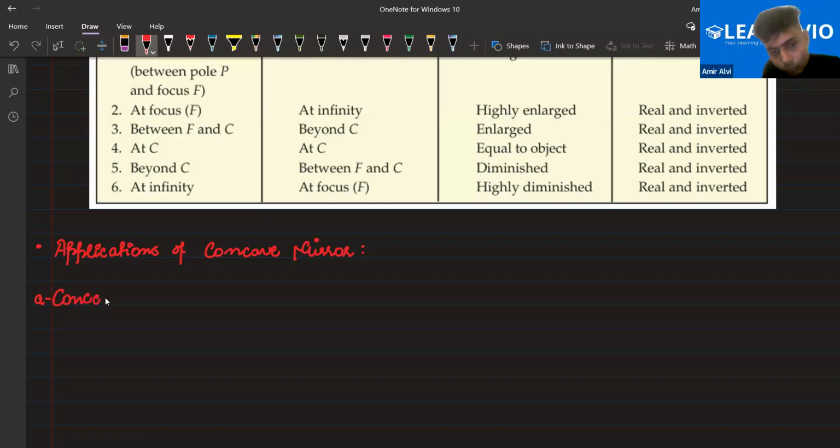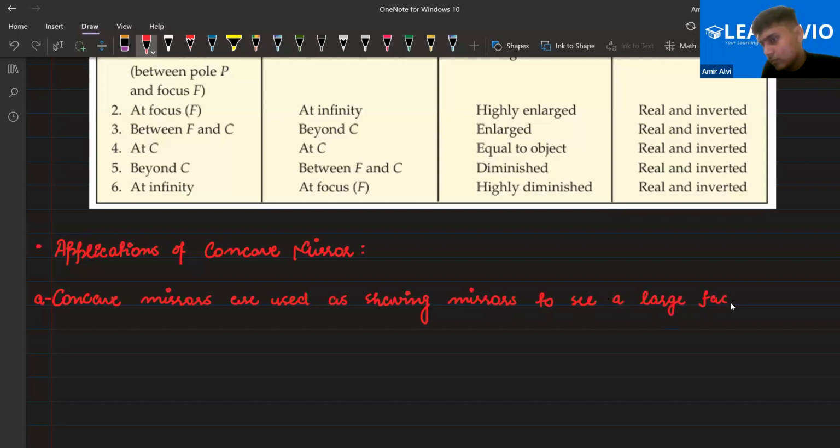Yes, sir. Just a second. Concave mirrors used as shaving mirrors, large face.